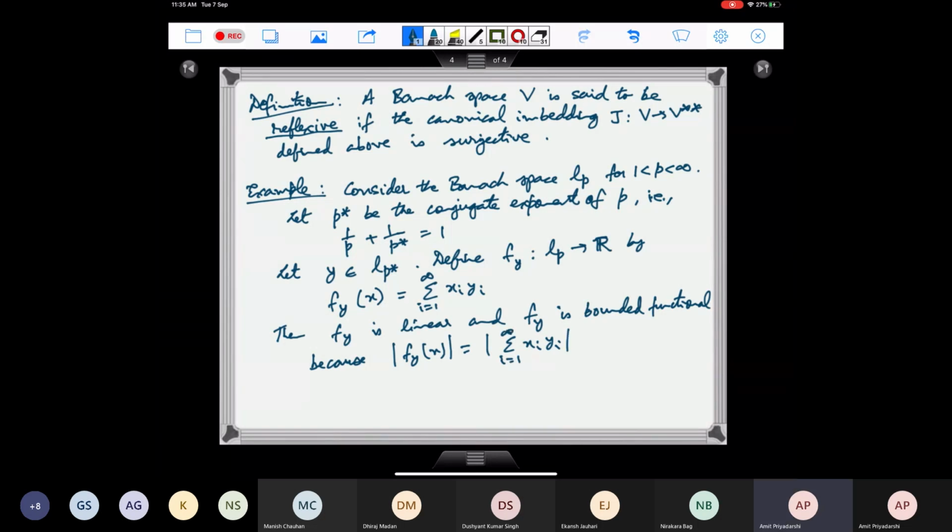And here x is in l^p and y is in l^p star, which we have already seen in one tutorial I have given you.